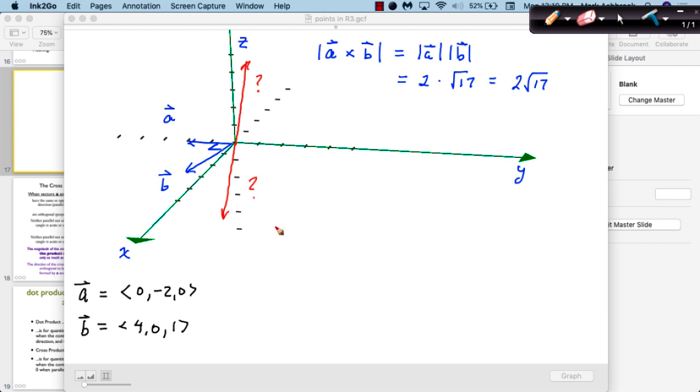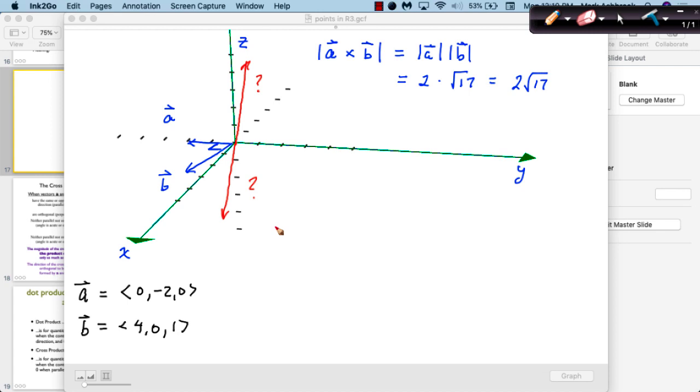So how do I have to rotate my hand? Pointing in the direction of the first vector, like this, so that I can curl towards B. And then my thumb shows me the direction of the cross product by the right hand. So is it exhibit 1 or exhibit 2? 1, right?